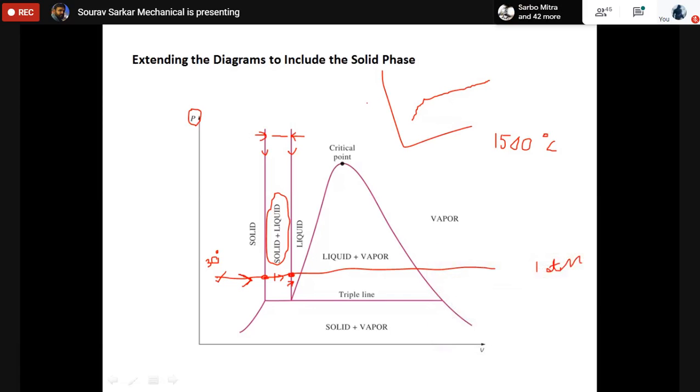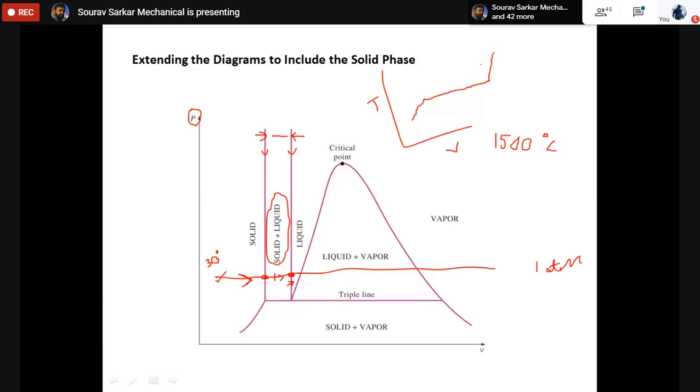So if this is my temperature and this is my volume, and we start to heat it, initially it is the solid heating part, then it is the melting part. After that, it will again start to heat due to the sensible heating of the liquid phase.